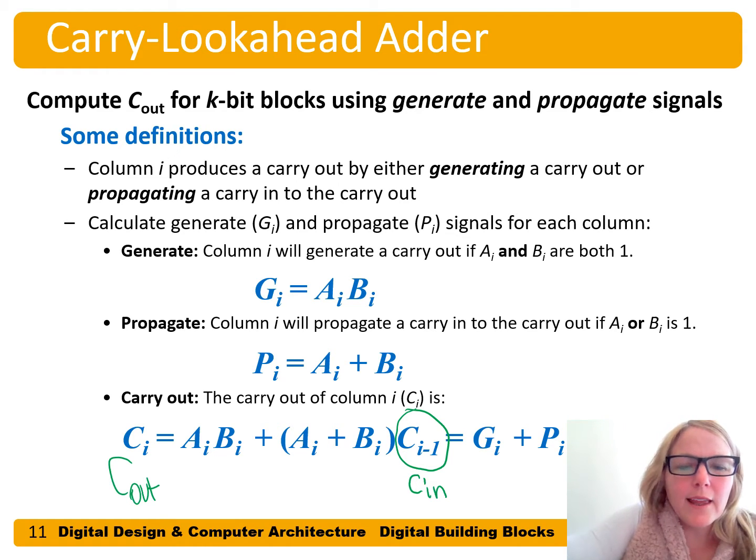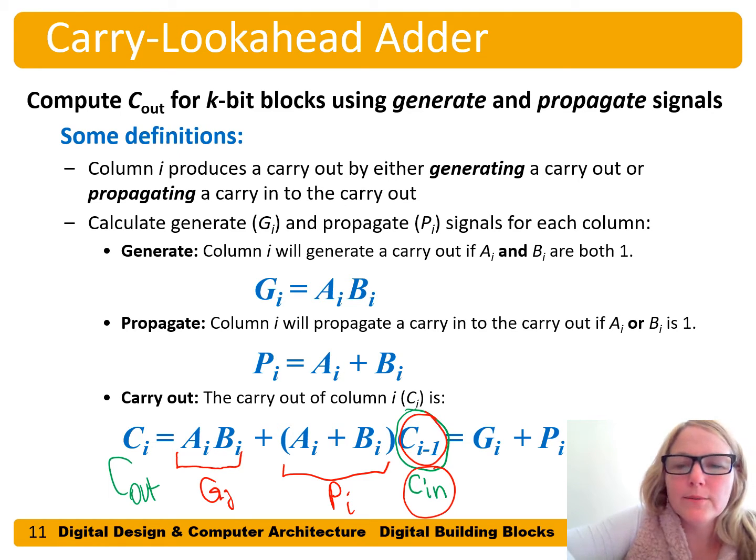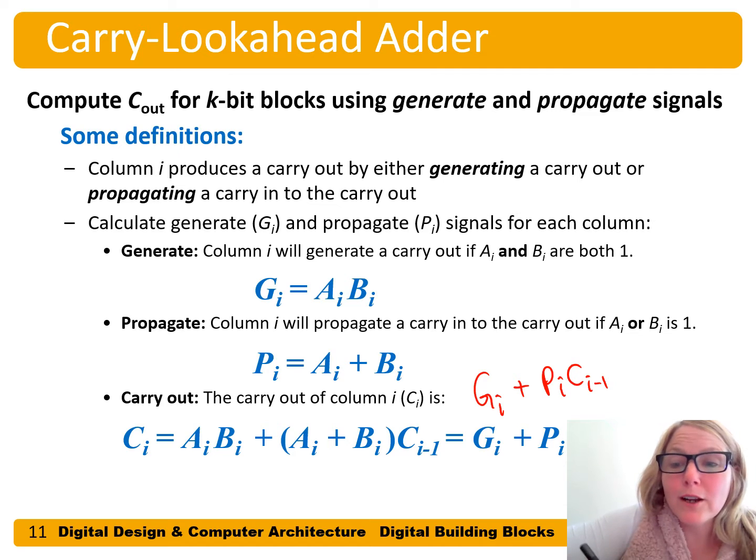And so we can see that A sub I and B sub I is when the column generates the carry within that column. Or it propagates a carry that came in, P sub I and the carry in, which is C sub I minus 1. And so we can rewrite that equation as G sub I or P sub I and the carry in, which is C sub I minus 1, the carry out of the prior column.